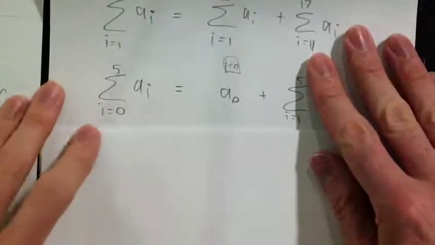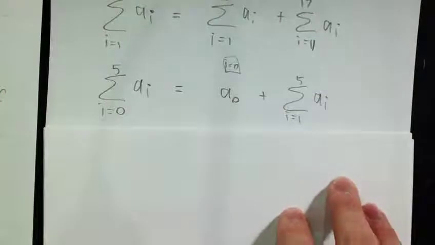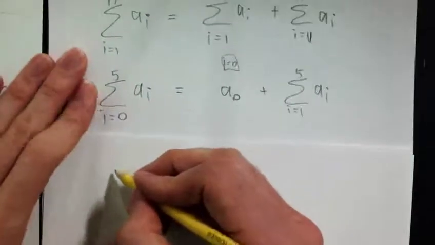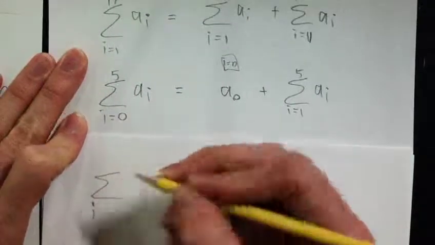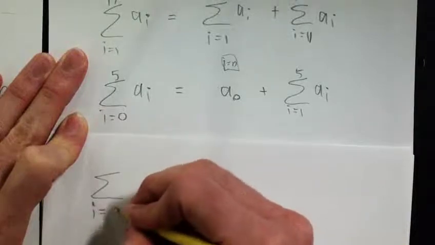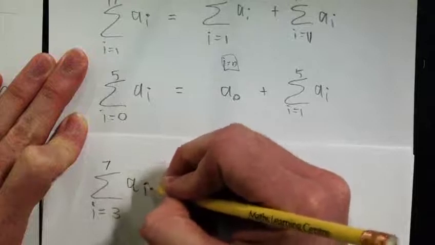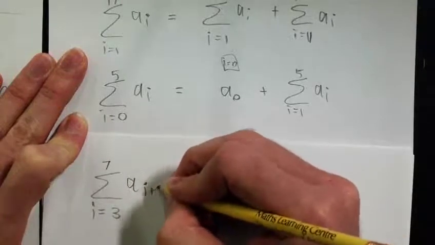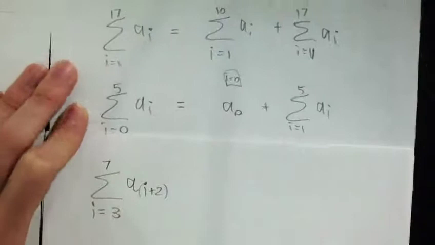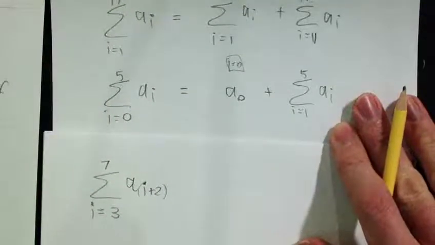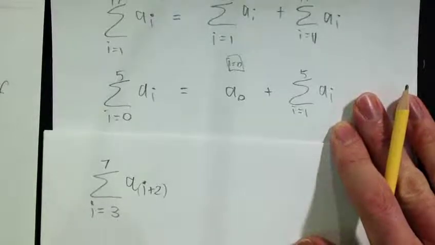And then the next one is a really fancy trick. It goes like this, and it's easier to do with an example. Okay, so if I have something like this, this is saying that I have to go i equals 3 and sub it in, and that'll give me a5.